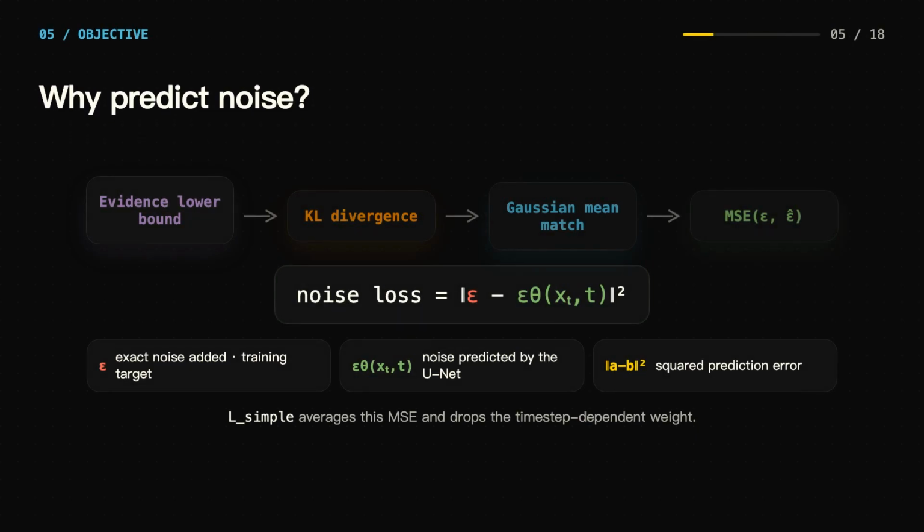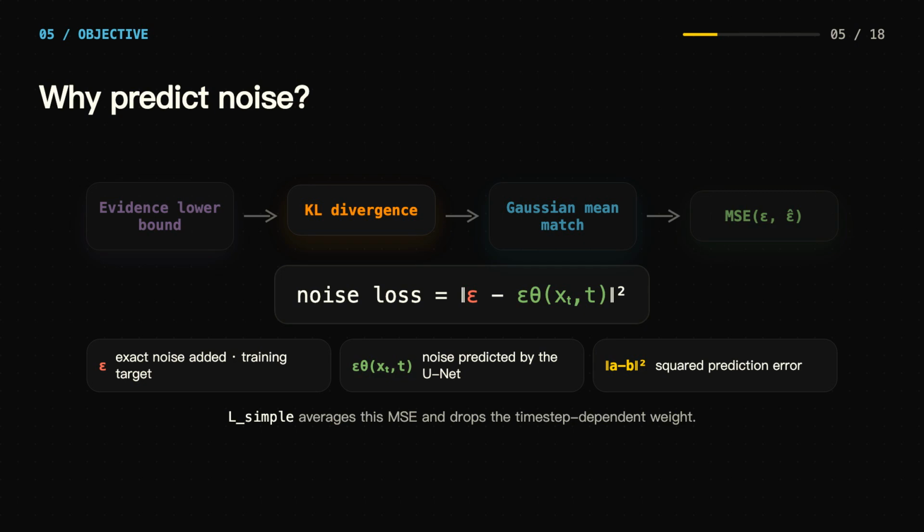Why does the derivation end with 1 line of noise mean squared error? The exact probability of a real image under the model is difficult to compute, so DDPM optimizes a tractable evidence lower bound. During training, we know both the noisy image xt and the clean image x0 that produced it. That makes the conditional posterior for xt-1 analytically available. The model defines its own reverse Gaussian and tries to match that posterior.